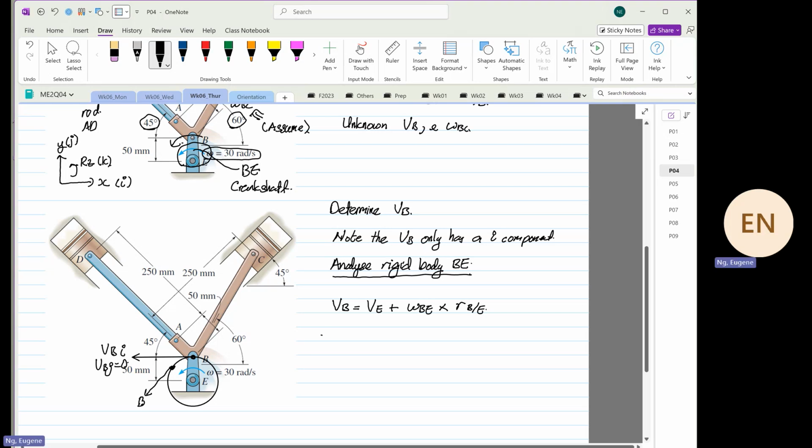So we know that this is equal to minus VBI. VE is equal to 0 because point E is fixed.